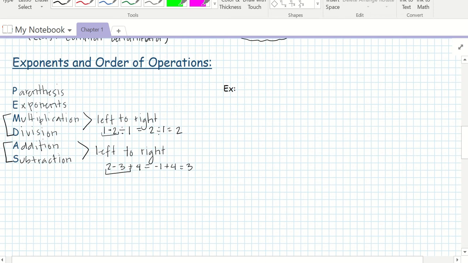Now, I also wanted to talk about exponents. I did not add that right here. We're going to be using it for order of operations right now, for the example that I have for you. So, exponents. What is the definition of an exponent? Well, basically, an exponent represents repeated multiplication.